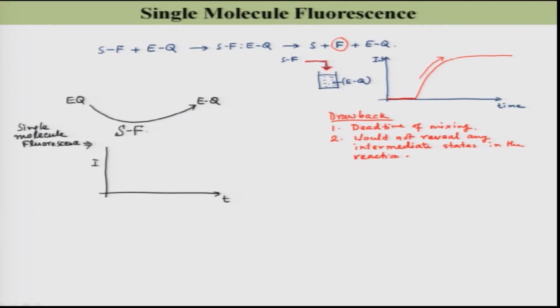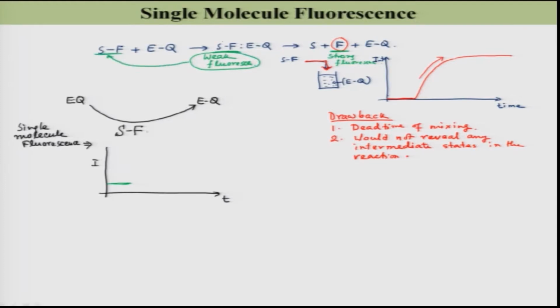SF, this F is present, but it is attached to S. So, let me define this intensity as weak fluorescence, and this F is strong fluorescence when it is free from S. Sorry, I should write this weak fluorescence not here but here.